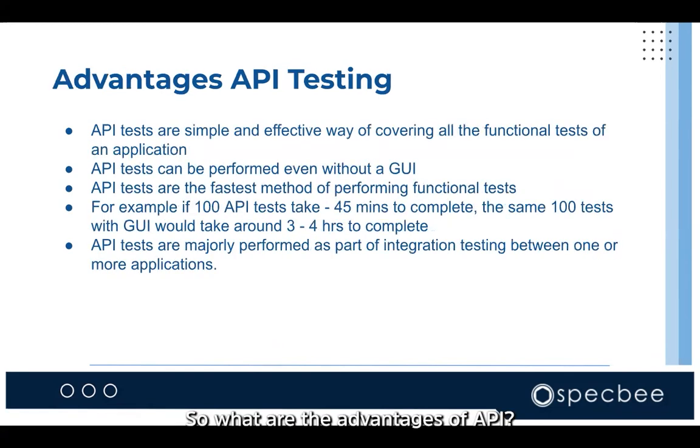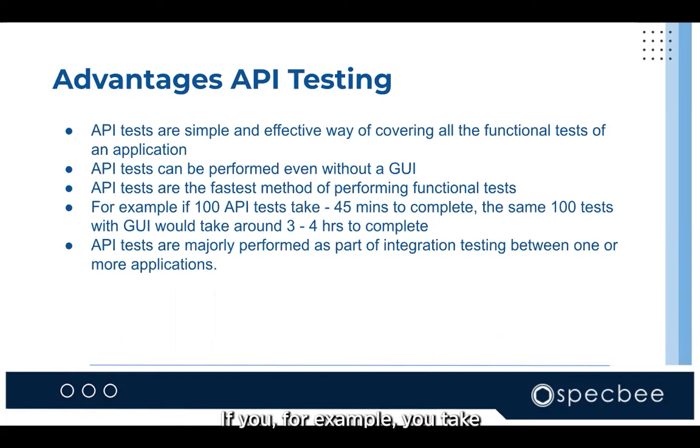So what are the advantages of API testing? By now you would have known that we don't need the user interface. That is one of the major advantages of API testing, and it is much faster when compared to user interface testing.